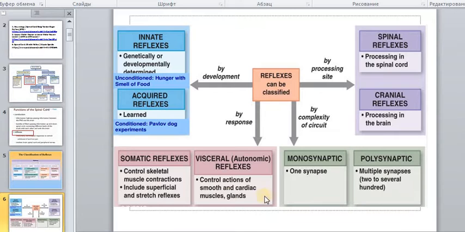Some reflexes are somatic reflexes, which involve contraction of the skeletal muscle, and visceral or autonomic reflexes.